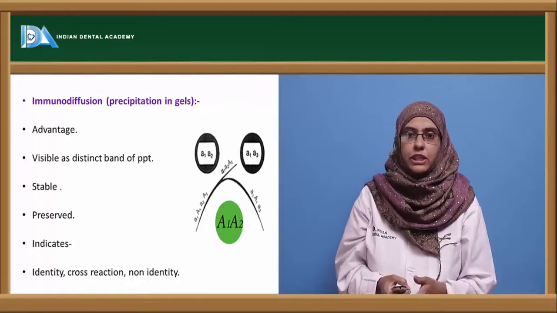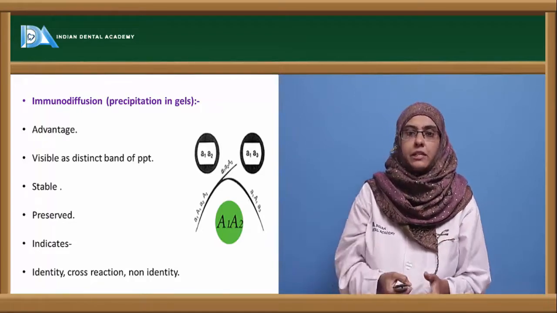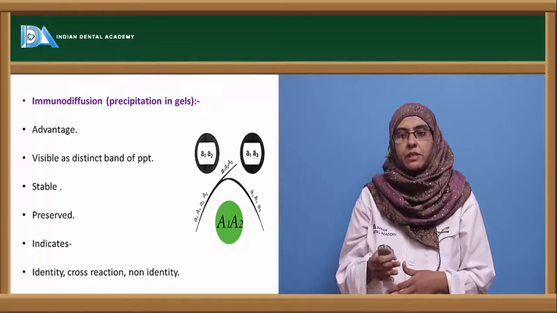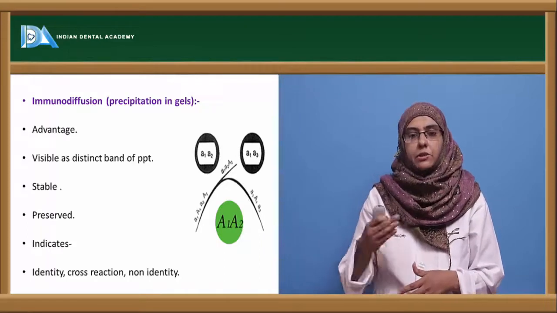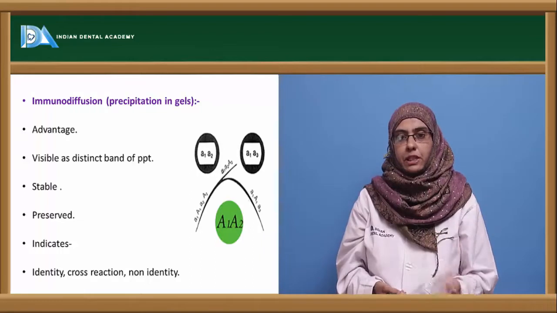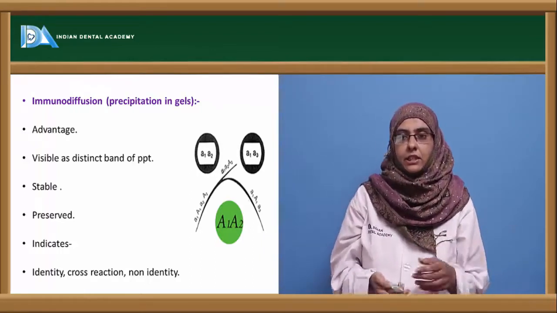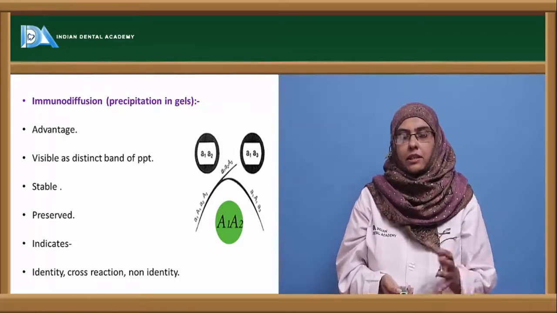Immunodiffusion is diffusion of the antigen or antibody in the gel to form a precipitate, and the positive reaction is seen as a distinct band of precipitate. It is more advantageous compared to the liquid precipitation test, where the precipitate is seen in liquid condition. Here we can see it as a band on the agar.